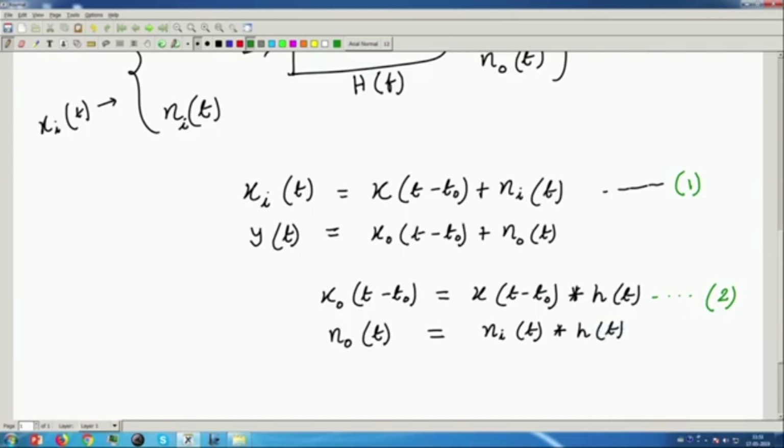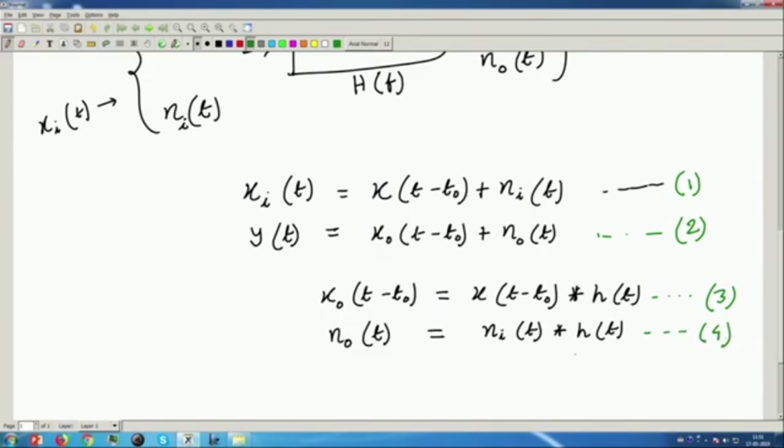I am just writing that to show that if I take those noise values and do the convolution, I will get the output. So, this one let me call 2, this one 3, and this is my 4.